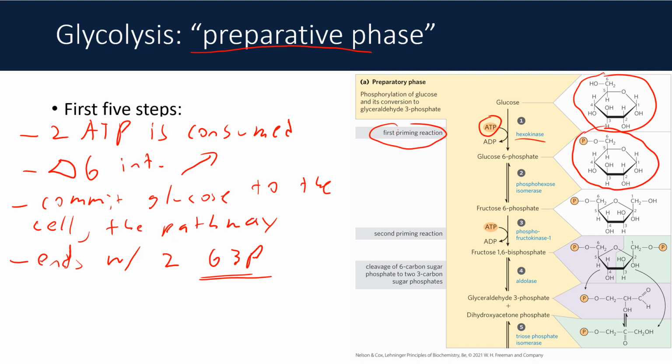The next enzyme, phosphohexose isomerase, sometimes called phosphoglucoisomerase, will do exactly what the name suggests, isomerize the phosphohexose. We will proceed from a glucose 6-phosphate to a fructose 6-phosphate.